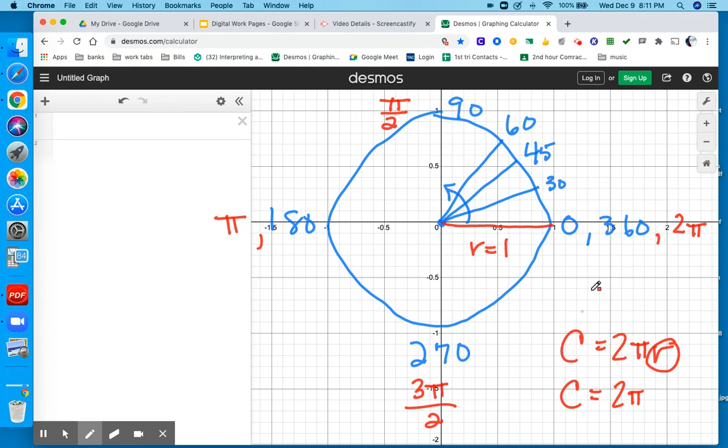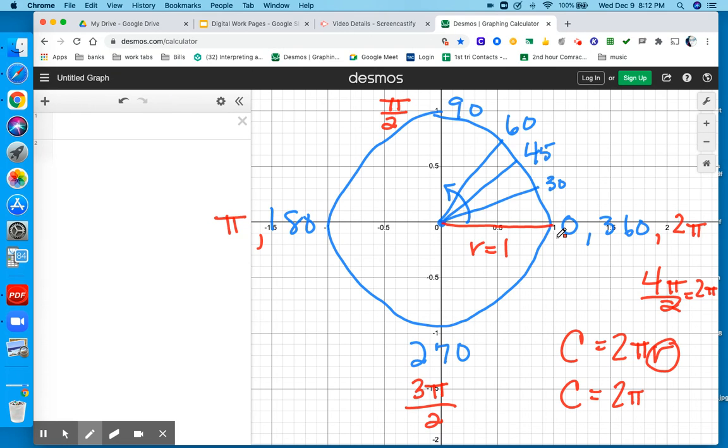Add another pi over 2, and I get 4 pi over 2, which simplifies to 2 pi. So pi over 2 plus pi over 2 plus pi over 2 plus pi over 2 takes us all the way around the unit circle.